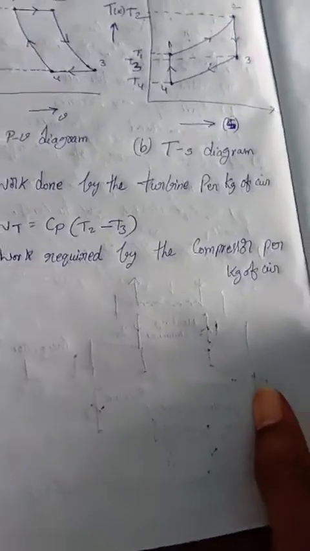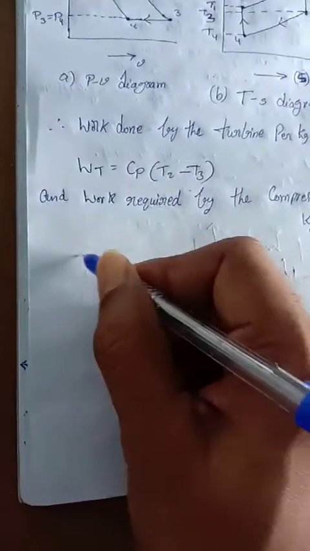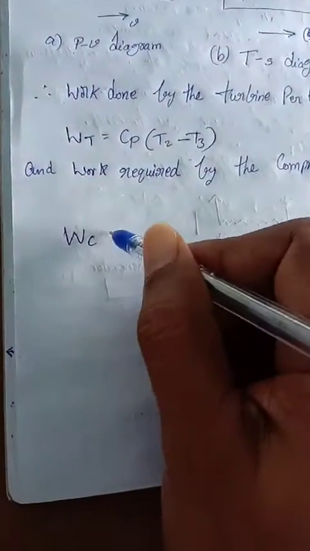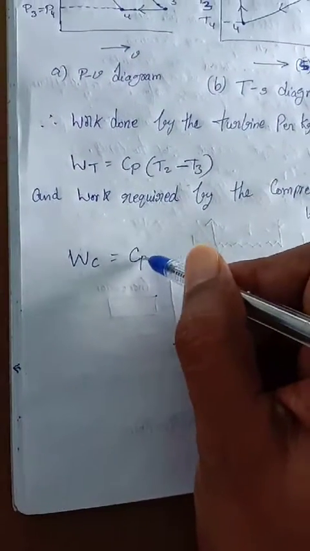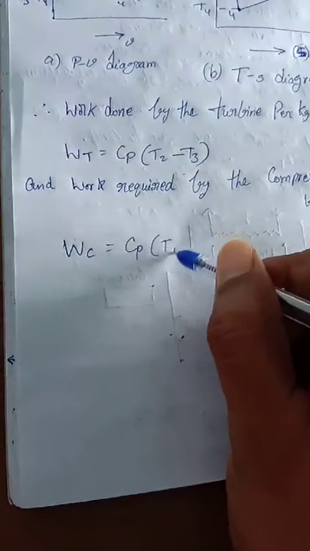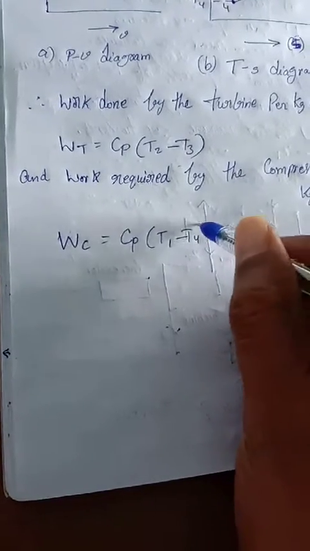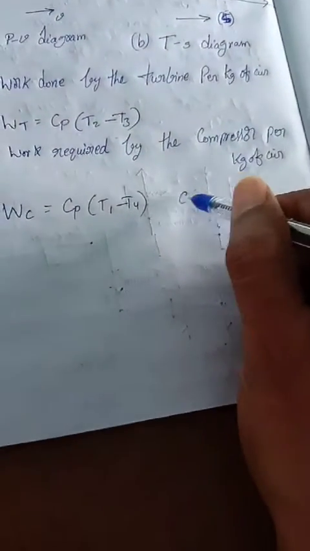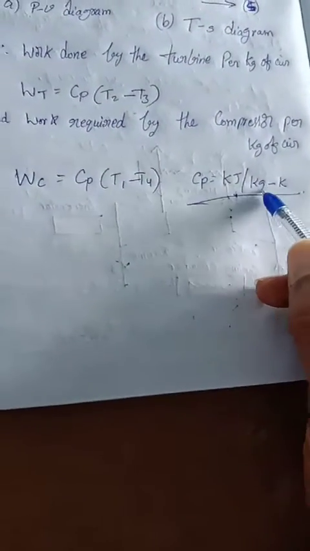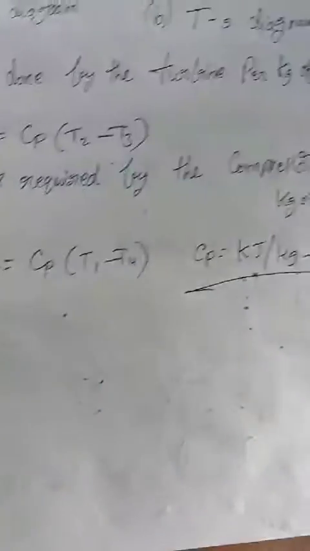Okay, so for the compressor, now here we see Wc is equal to Cp into T1 minus T4. So then Cp is in kilojoules per kg kelvin. Okay, don't forget these units, kilojoules per kg kelvin.